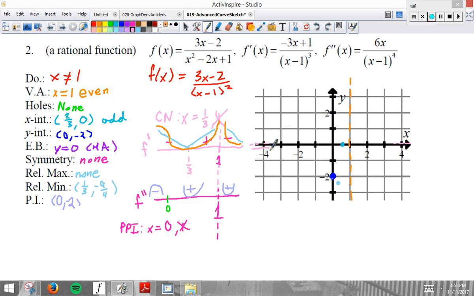And that's why I'm going to be really careful about how I draw this. I will be forgiving. Concave down, decreasing. We switch to concave up and decreasing. Bump. Concave up and increasing. Do your best to hit that point.